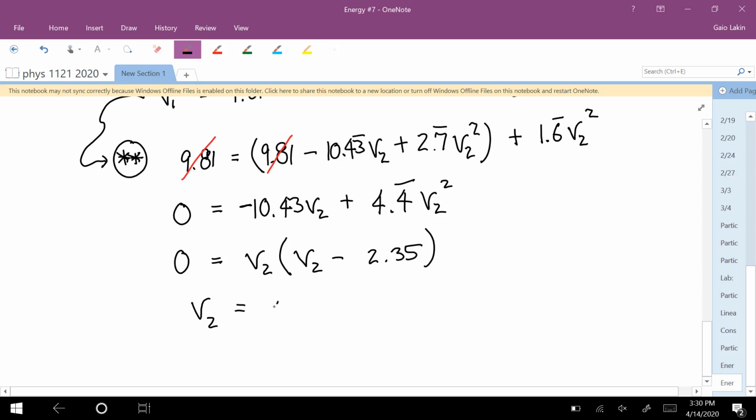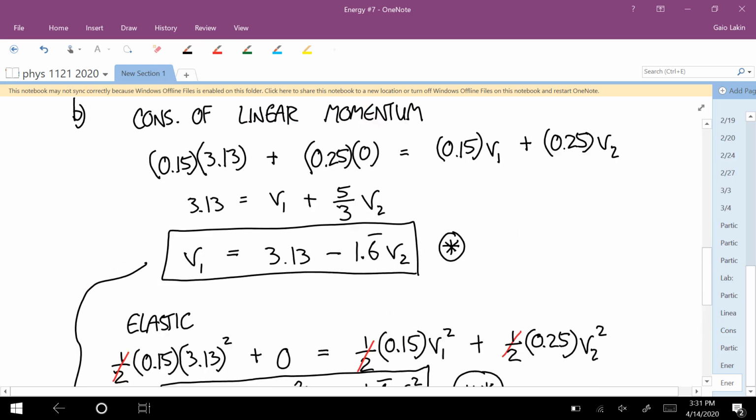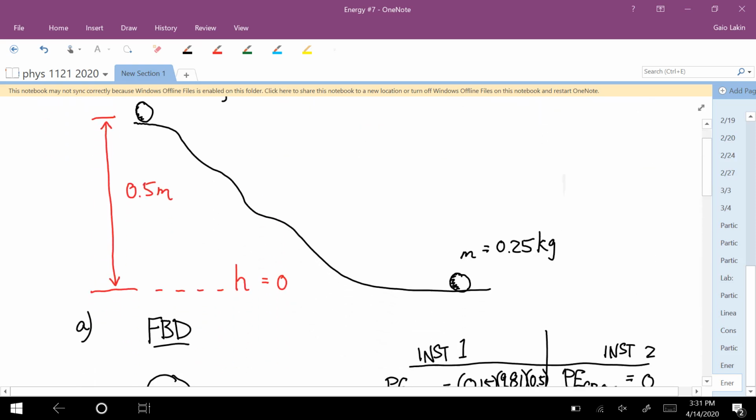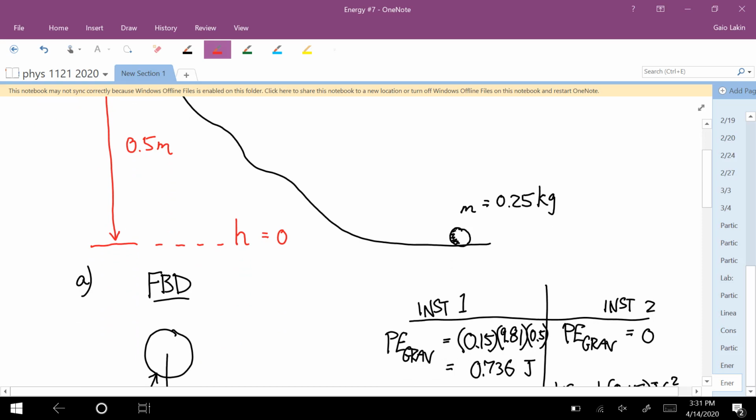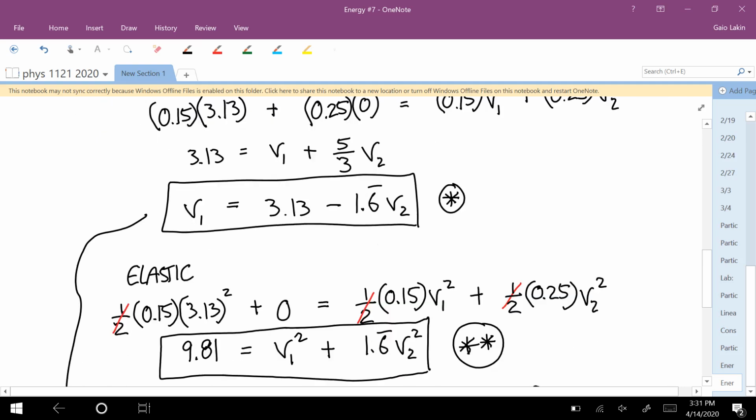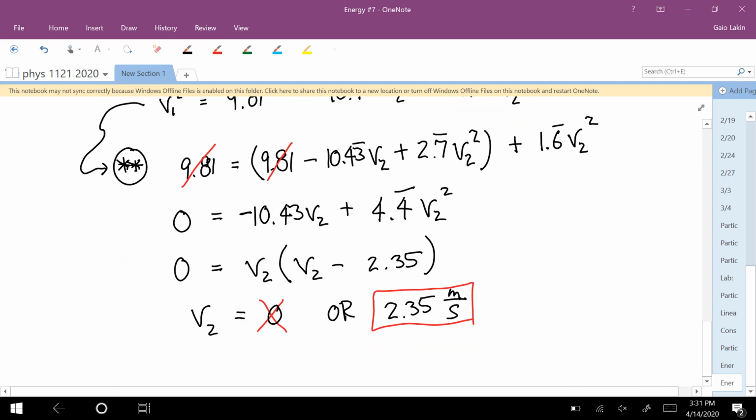So v2 is equal to 0 or positive 2.35 meters per second. One of those two represents what object 2 was doing before the collision. We don't want that. We want to know what's happening after the collision. So after the collision, that second, more massive ball is moving with a speed of 2.35, and we got a positive value, which means it's in our positive x direction. It's going toward the right.